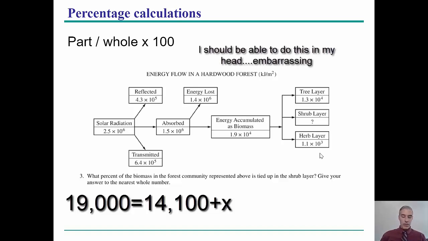Let me see. So I said it was 13,000 plus 1100 equals 14,100, and we're going to subtract that from the original 19,000.